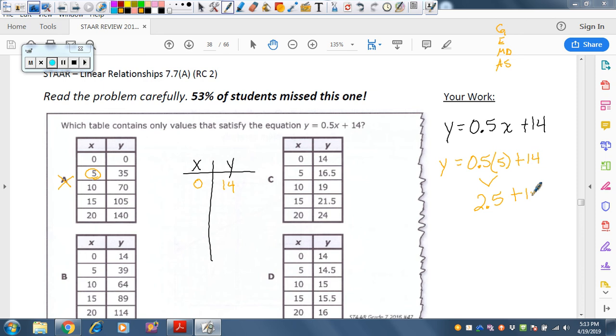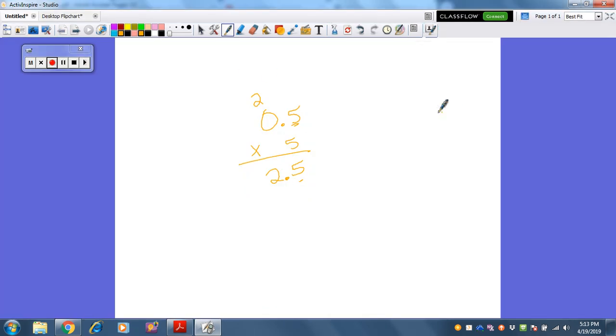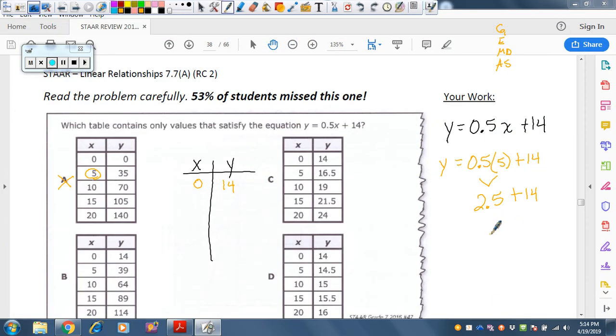What is 2.5 plus 14? 16.5. So what can I cross out? B, C, or D, I mean. C has to be my answer. That was totally fast and easy. Why did half of us miss it?